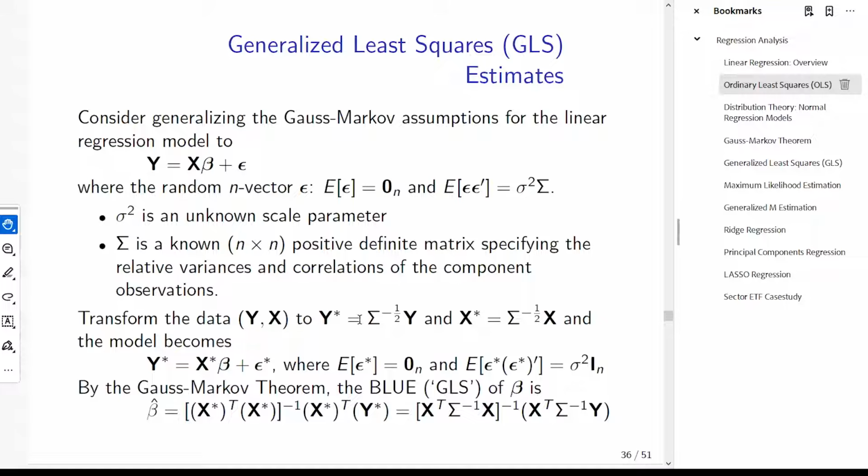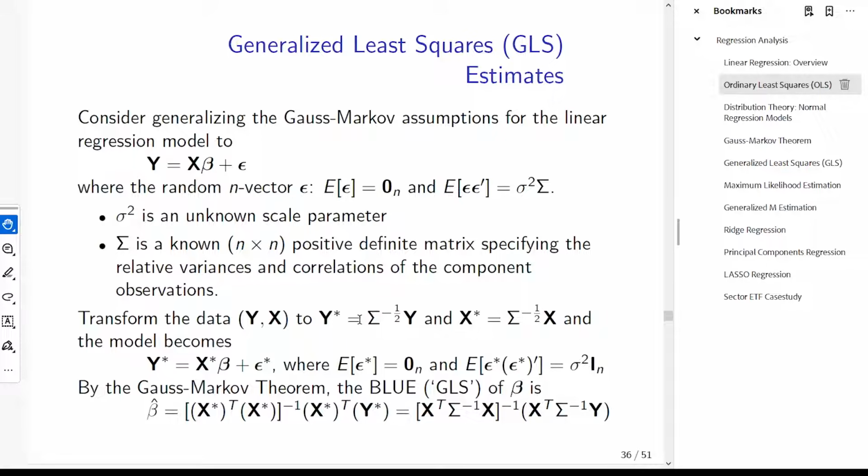So what we can do is consider generalizing the Gauss-Markov assumptions to again have zero mean errors, but have the covariance matrix of the errors be given by sigma squared times a capital sigma matrix.